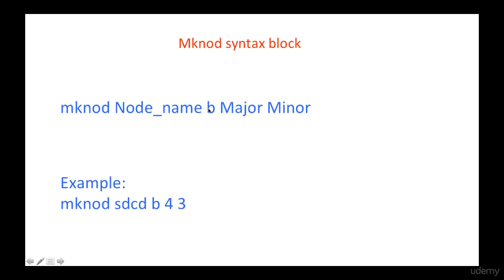Then it is followed by b, which stands for block device, and then the major number and minor number. Major number and minor number are a device identifier, and the combination of major number and minor number has to be unique. What it means is that there might be a conflict if you assign, like in my example, 4,3, but since it's your system and no one else might be using it, you can use it.